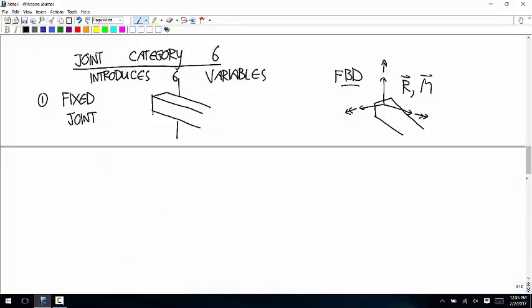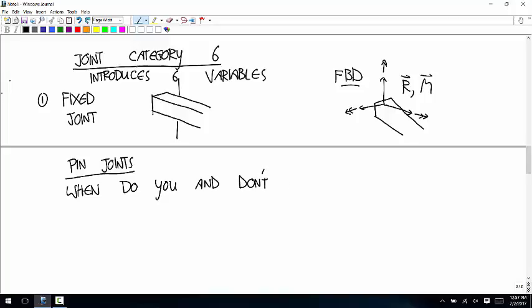Okay, so let me go back to what I was saying about whether you need those couples or not. So in the pin joints, when do you and don't you need to use those couples for equilibrium?